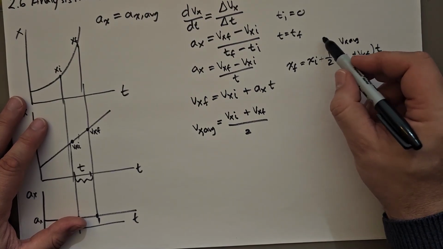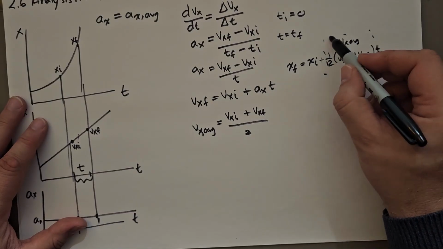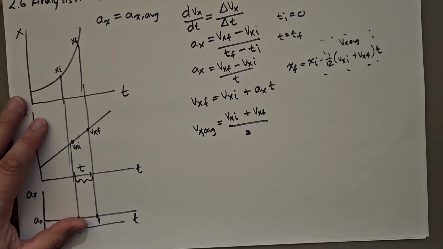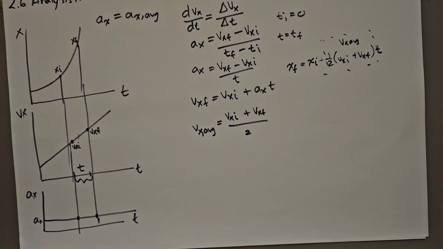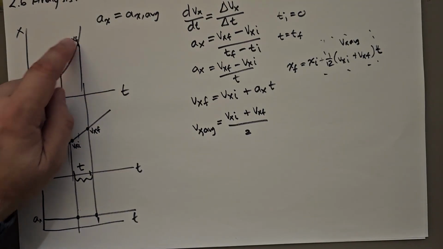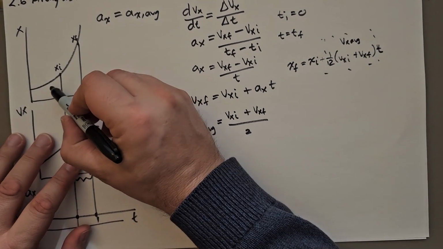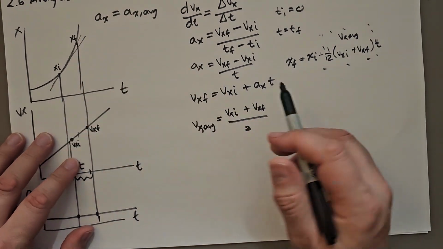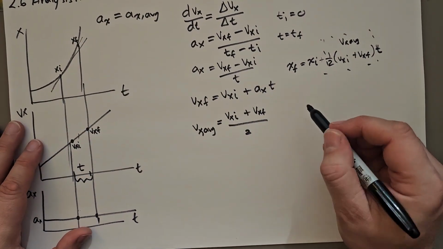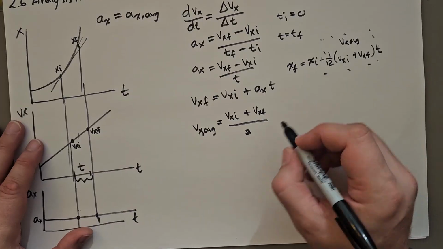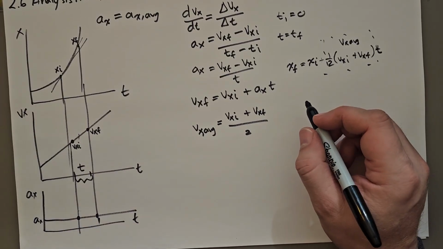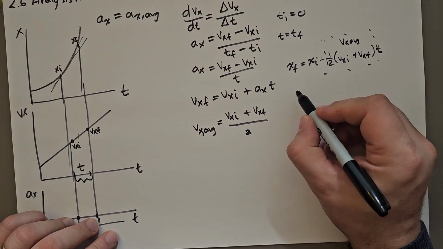I need another colored pen. This is the average velocity. And what does that average velocity mean? You're just taking the difference in the two positions and finding the straight line slope of those two things.